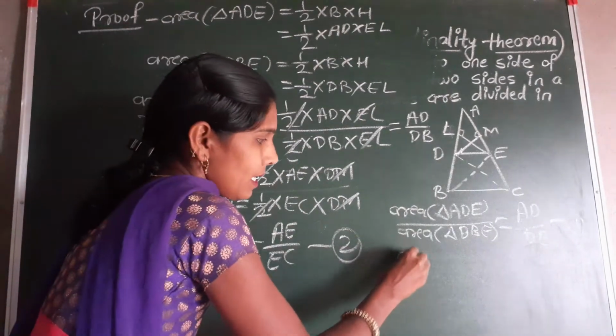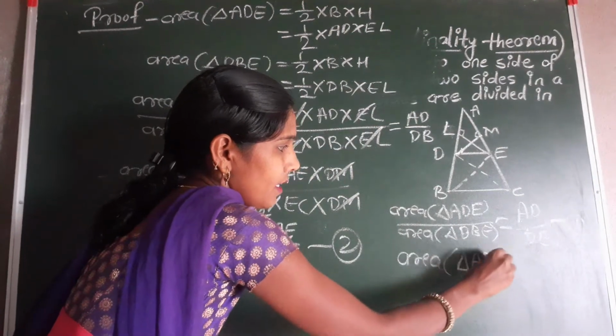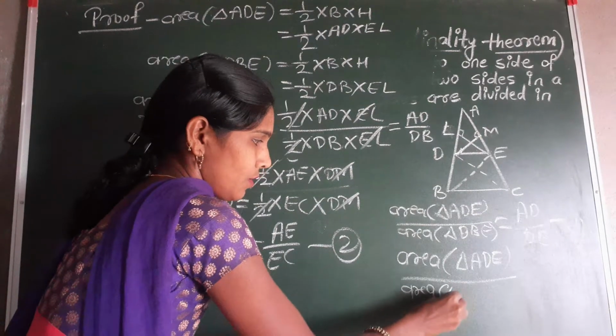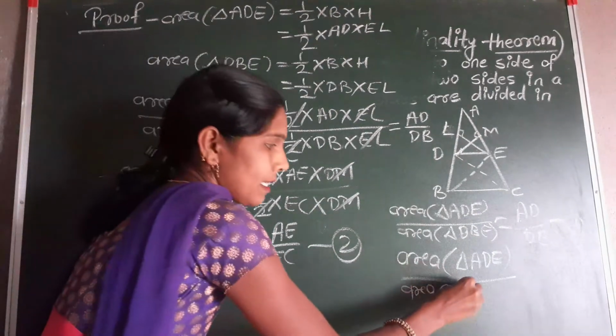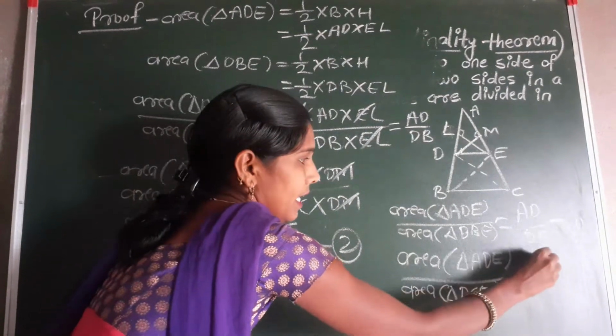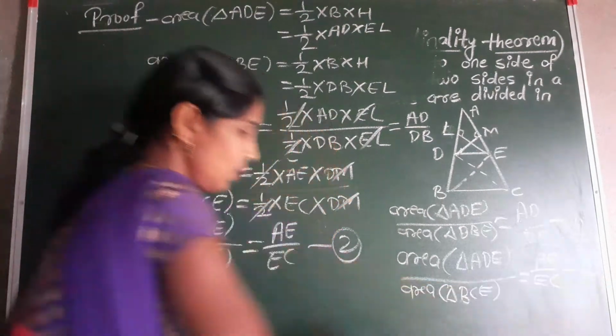I will write here area of triangle ADE divided by area of triangle BCE is equal to AE divided by EC. This is equation 2.